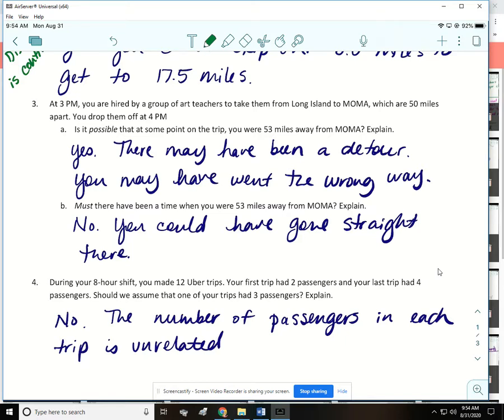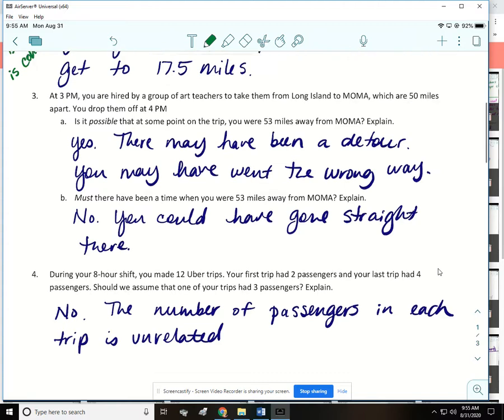Okay, and so we want to go from Long Island to the Museum of Modern Art, and they are 50 miles away. So it's possible that at some point they were 53 miles away because you could have had a detour, you could have driven in the wrong direction, but there doesn't have to be a time when you were 53 miles away.